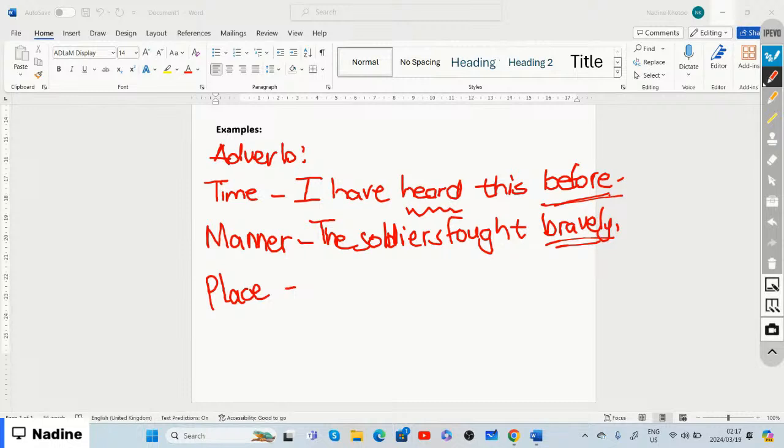And the adverb of place can be words like here, there, near, far, everywhere, nearby, away, backwards, upwards. Those are words that tell us where.